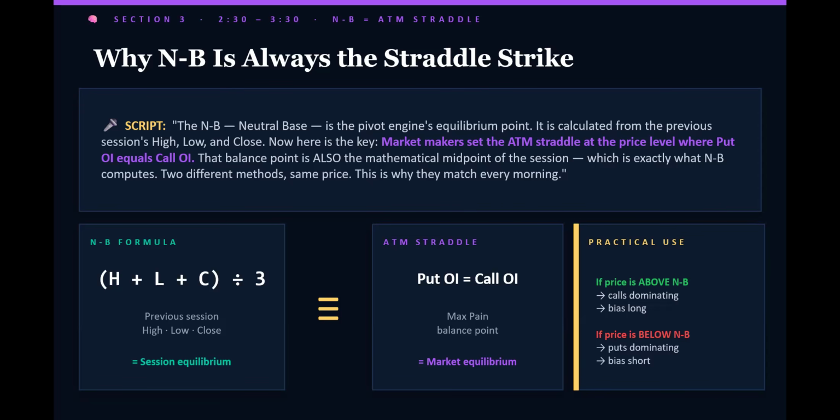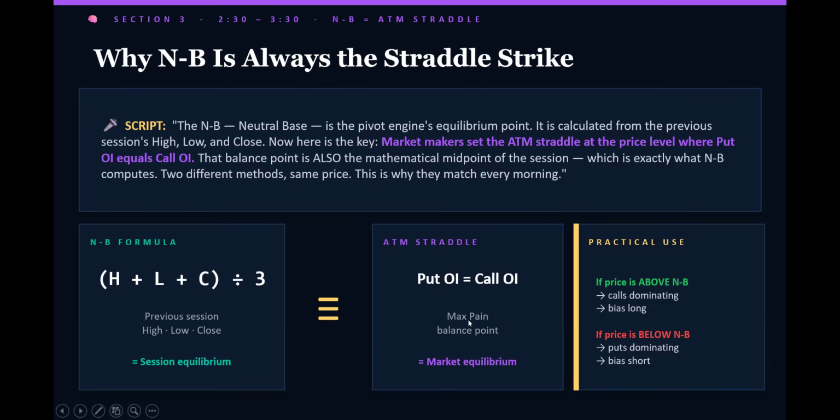See, the formula for this precision engine base is high plus low plus close divided by 3. That is session equilibrium. Put OI is equal to call OI, that is the maximum pain balance point. You must remember that.